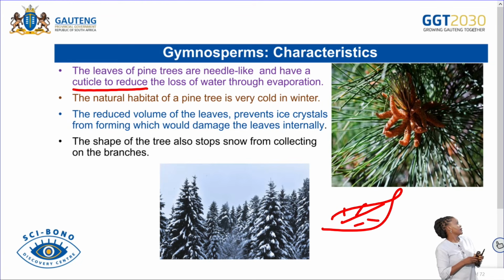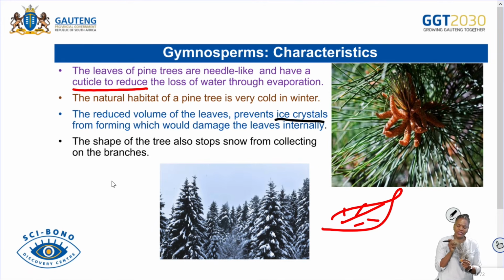So that's why they say that the reduced volume of leaves, or the reduced size of leaves, prevents the ice crystals from forming on the leaves. Because if ice crystals form on the leaves, it means that our leaves can be damaged.